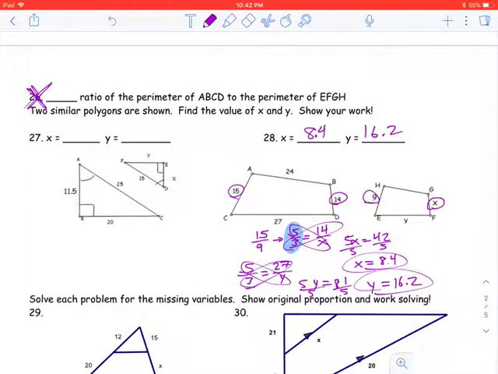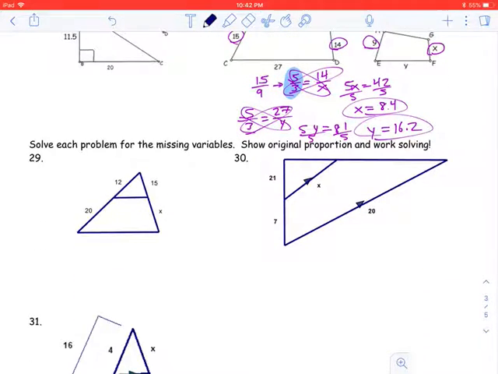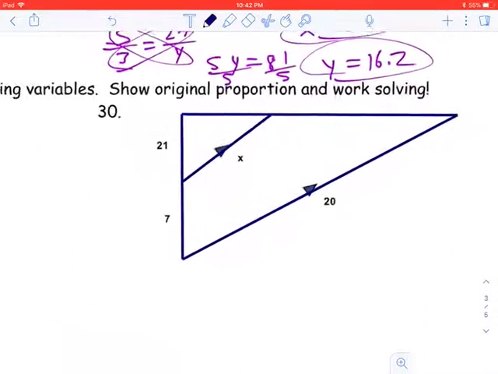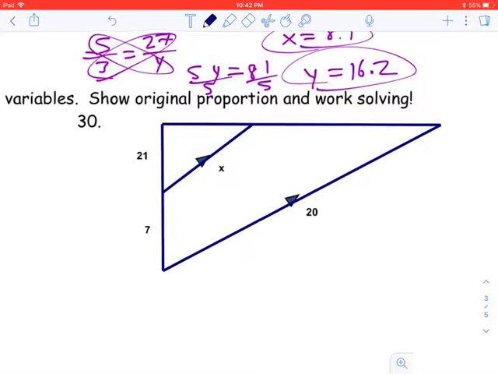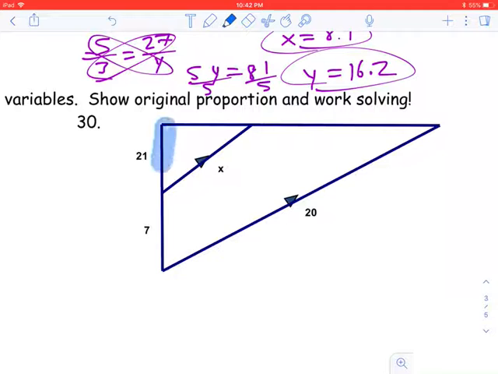So our last even, number 30. This is a theorem we didn't really get to talk about, but when we look at these are similar triangles because of those parallel lines. So when you look at this, 21 goes with that whole side.